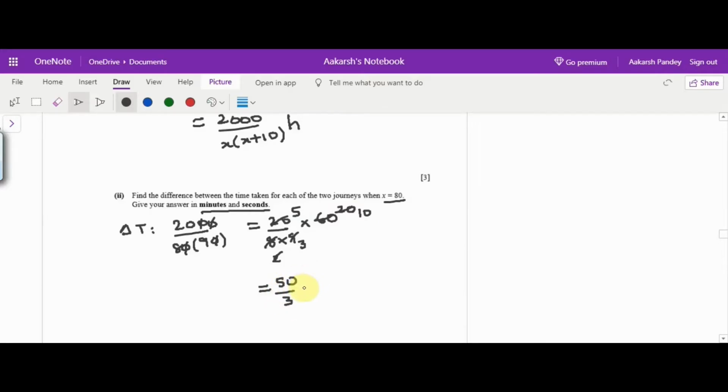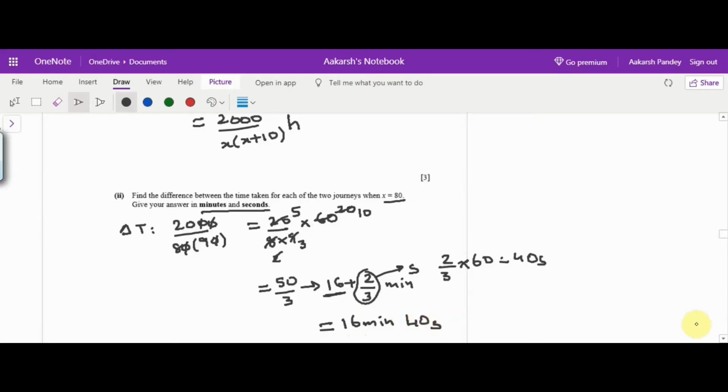If I look closely and write this as a mixed fraction, I can write this as 16 plus 2 by 3, and this is in minutes. So firstly I'll take this whole 16 minutes, and this 2 by 3 of a minute I'll convert to seconds. So that will be 2 by 3 again times 60, which is 40 seconds. So total difference in time is 16 minutes 40 seconds.